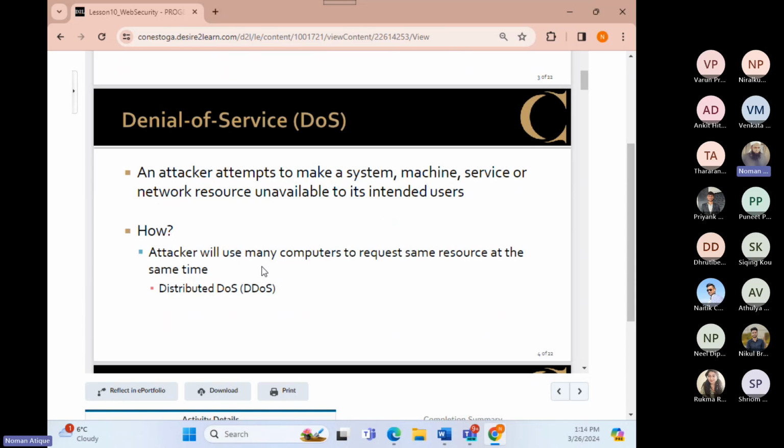Let's read this slide and then we'll talk about it. How? The attacker will use many computers to request the same resource at the same time. There's a distributed DoS as well. What is denial of service? It means denying legitimate users from accessing some application, server, or machine.